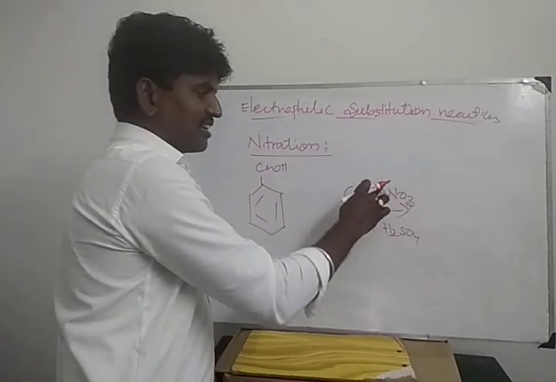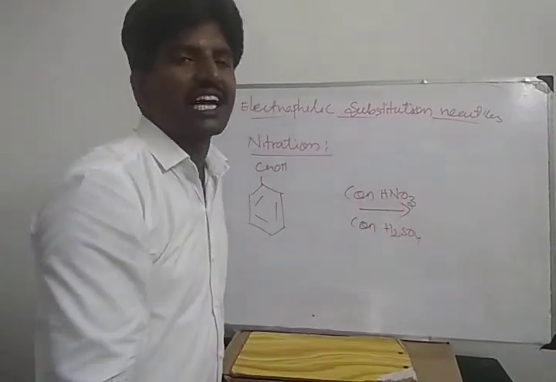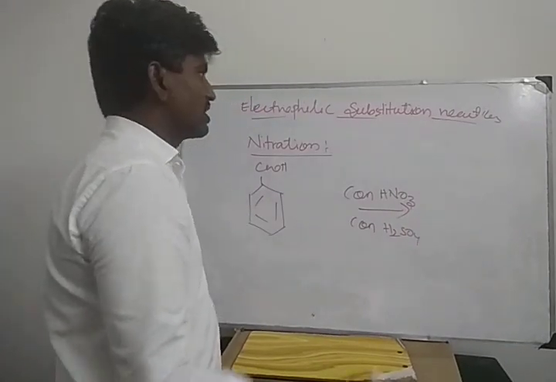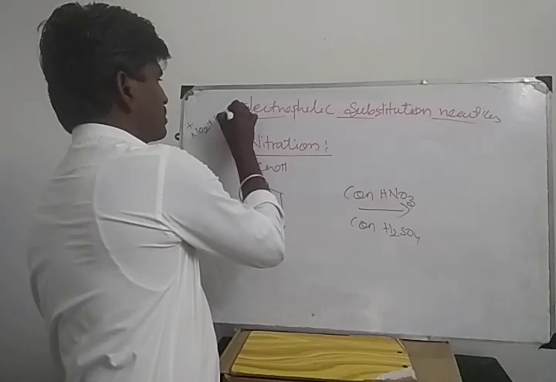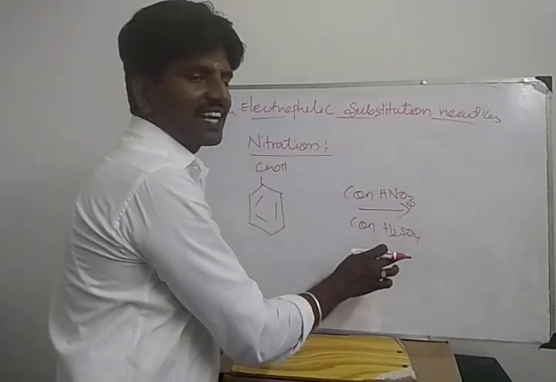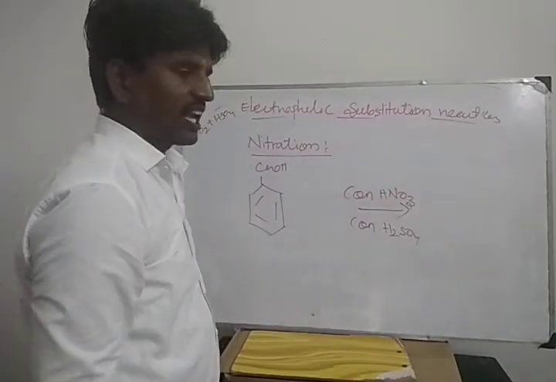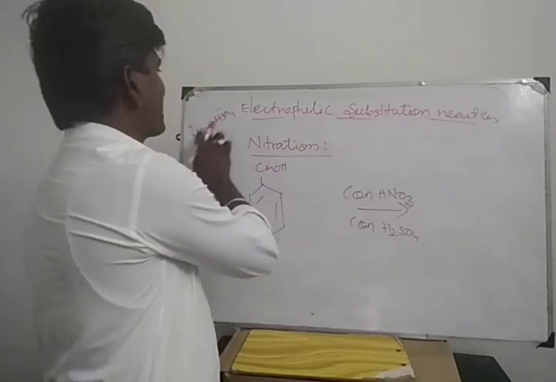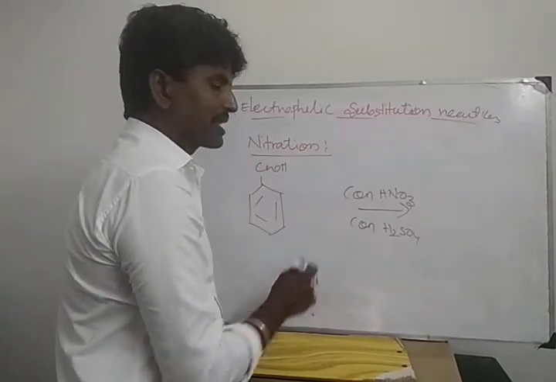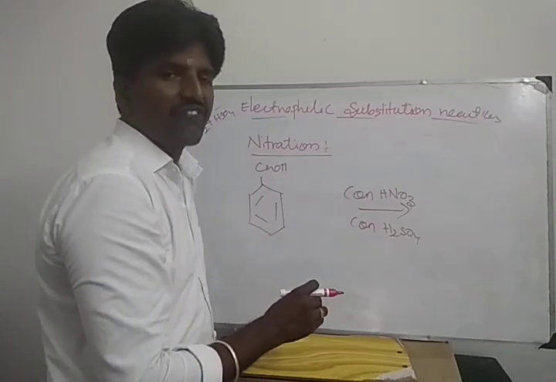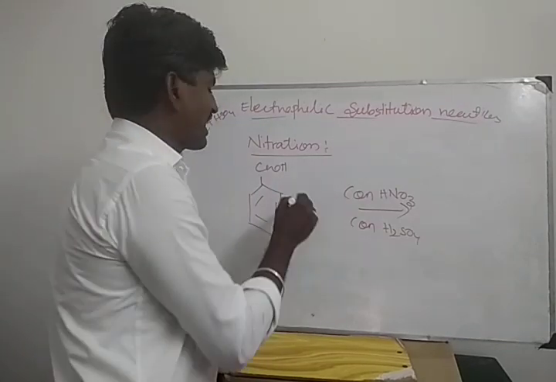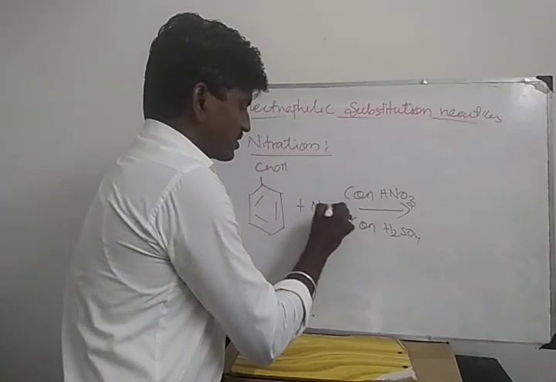When concentrated nitric acid reacts with concentrated sulfuric acid, it produces nitronium ion as well as HSO4 minus ion. Nitration means what? Addition of nitronium ion. Addition of NO2 plus ion to the reactant is called nitration.